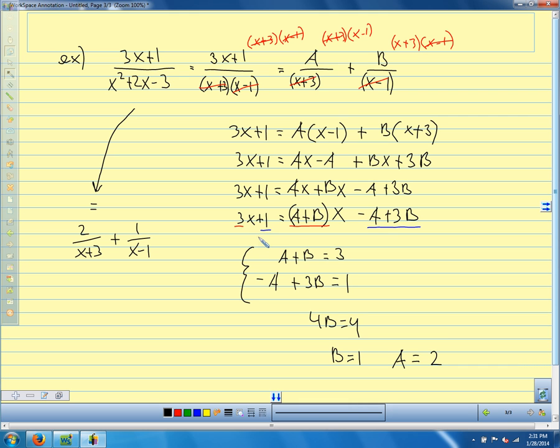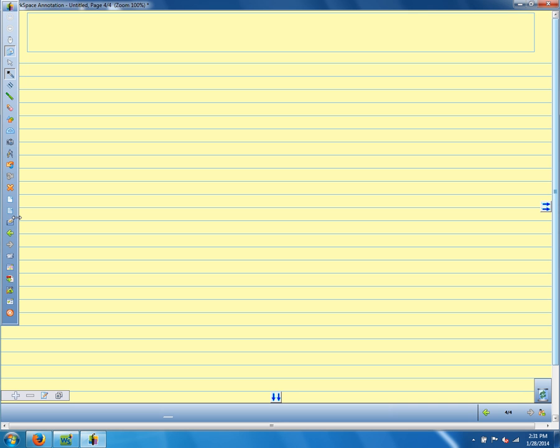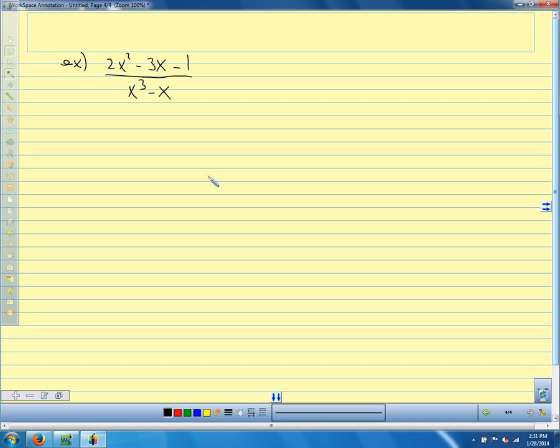All right, let's look at another example. Let's say we have 2x squared minus 3x minus 1 over x cubed minus x.